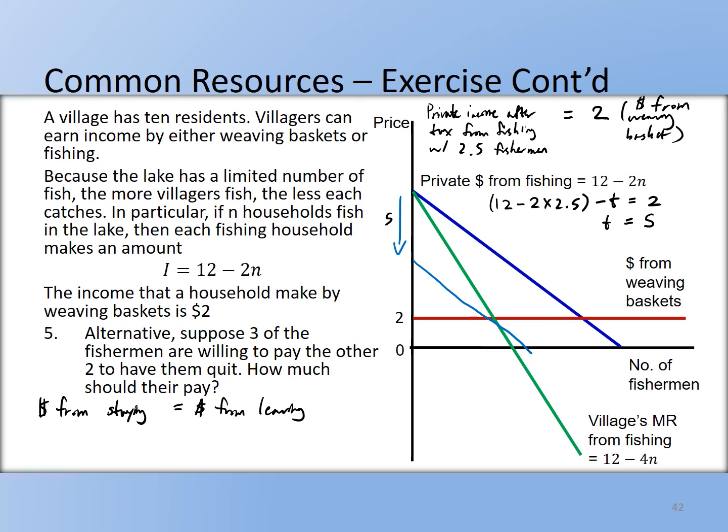Once again, I'm assuming that there's no free entry, so that the other villages are not going to become new fishermen. That would change the math. So I'm just going to assume that there are only 5 of them, 2 of them are going to leave, 3 of them are going to stay. That's it.